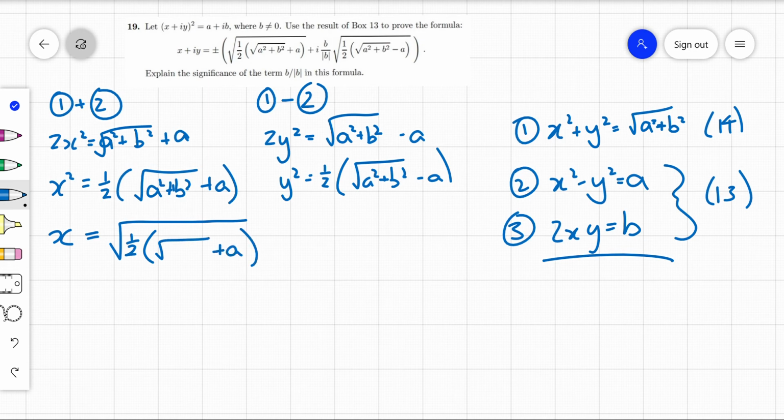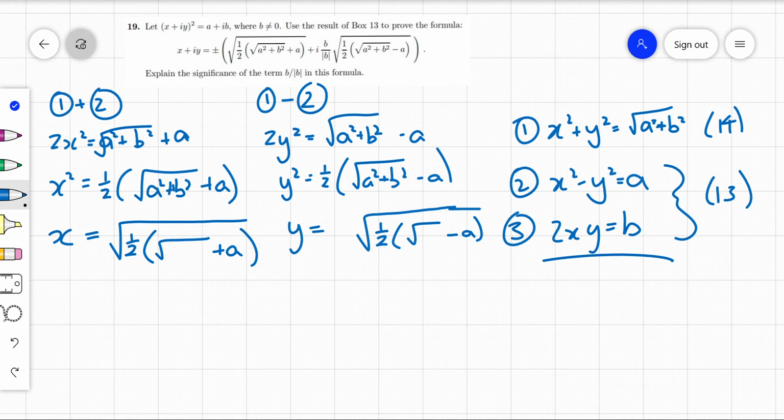Now I'll make y have whatever sign b has. If b is negative, then I make y negative and x positive, and that's fine. If b was positive, then I'd make y positive because x is already positive, and we'd be fine as well. So another way to do that, giving the y value the sign of b, is when I square root, I put the sign of whatever b is.